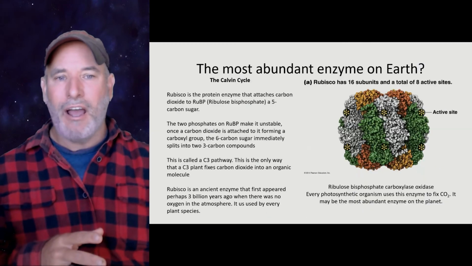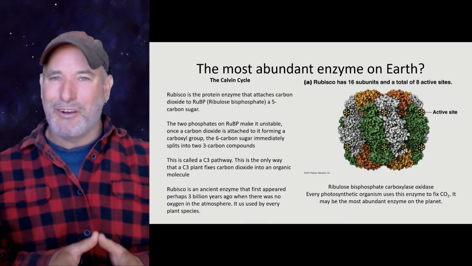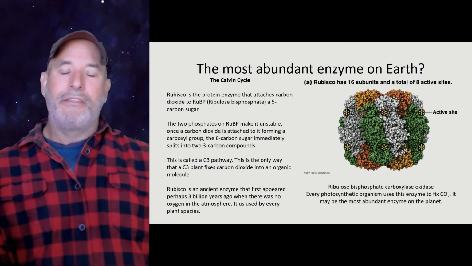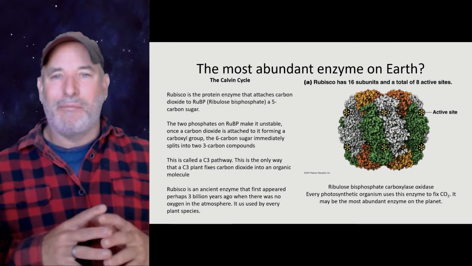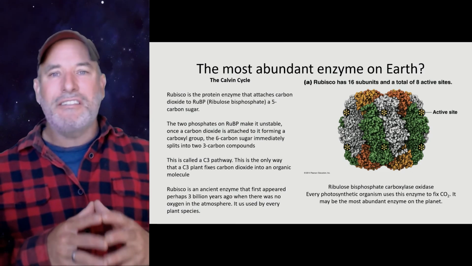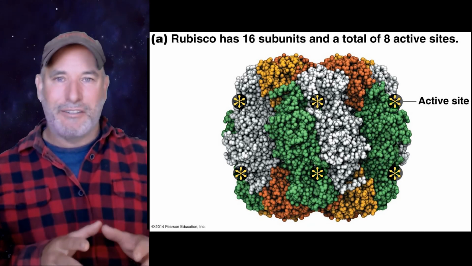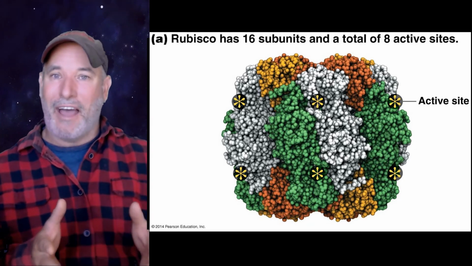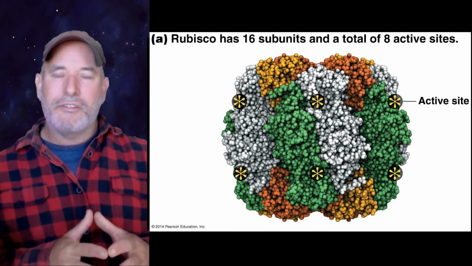Now, let's talk about Rubisco. I know, not Nabisco, Rubisco. This might be the most abundant enzyme on the entire planet because this enzyme is what fixes carbon dioxide into an organic molecule. It adds carbon dioxide to RuBP. Wow. Rubisco is ancient.